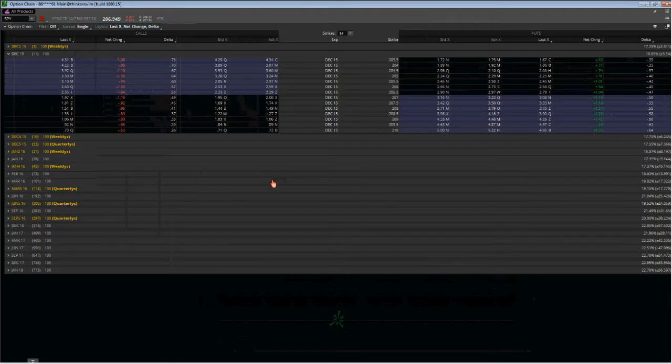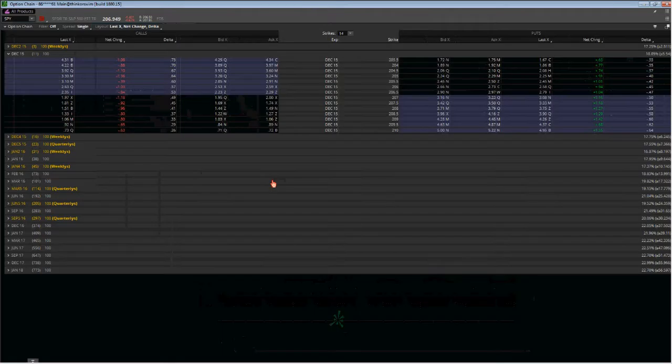Now, if you watch an options chain while you're actually trading during the day while the market's open, you will see that delta constantly changing. If you sat and stared at it, it would surely change and change again and change again.